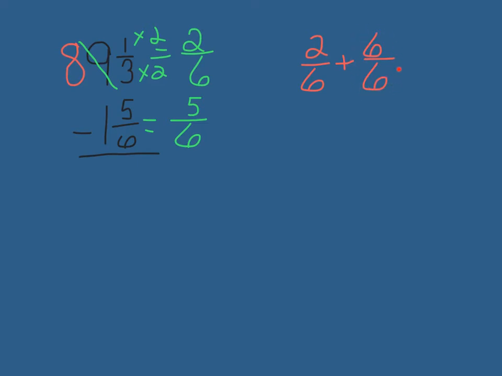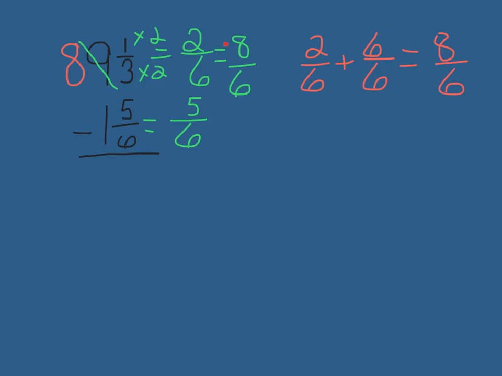I used 6 over 6 because that was my denominator. So 2/6 plus 6/6 equals 8/6. So now this over here will become 8/6. That's okay that it's an improper fraction because we're going to be subtracting.